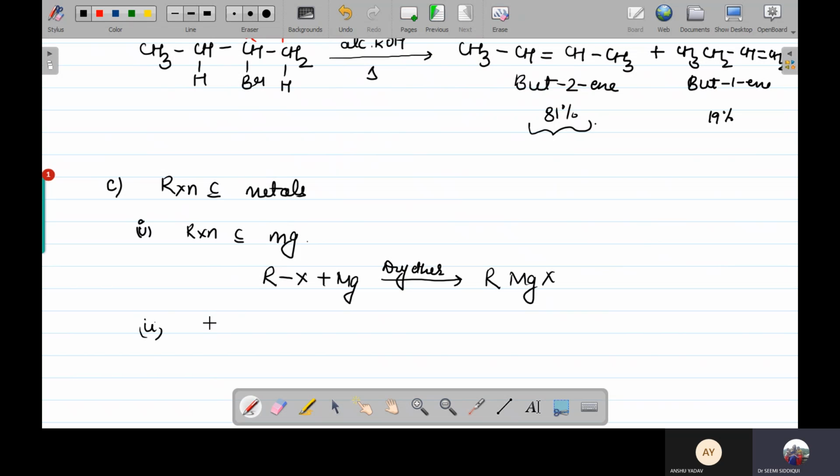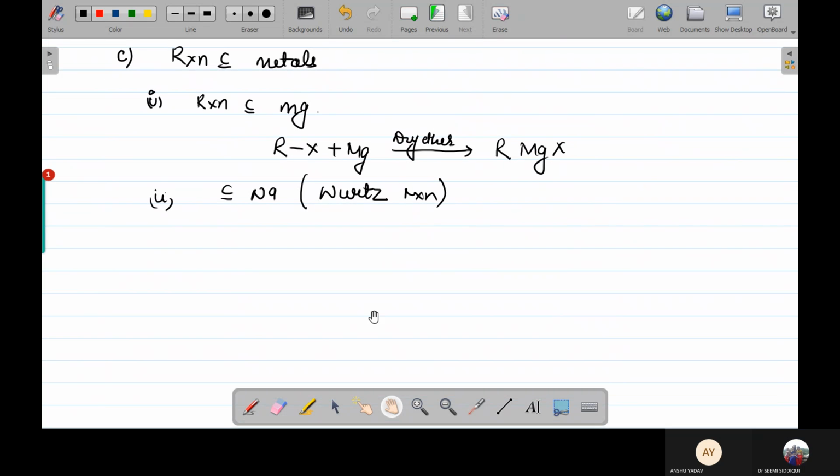Second reaction is with sodium. This with sodium is a named reaction, that is your Wurtz reaction. So Wurtz reaction, what is it? We take two molecules of the alkyl halide, two molecules of the sodium.